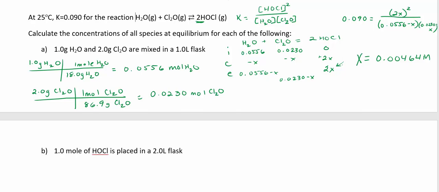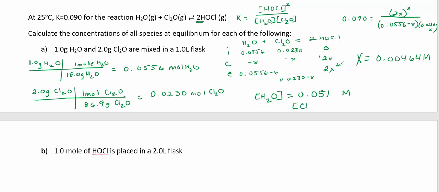So what are the concentrations of this species at equilibrium? Well, I'm going to take the concentration of my water, 0.0556 minus the x value, 0.00464, so I get 0.0510. And I have 2 significant digits, so I would round it there.